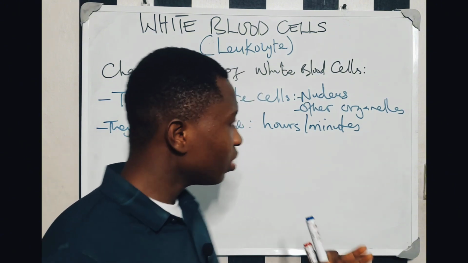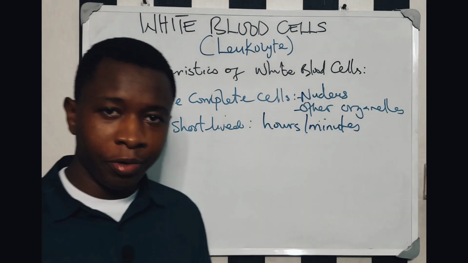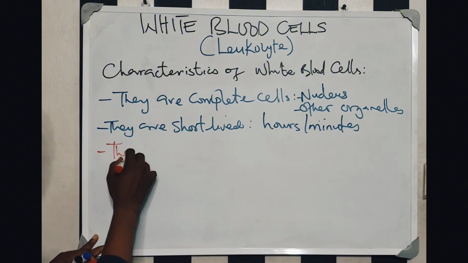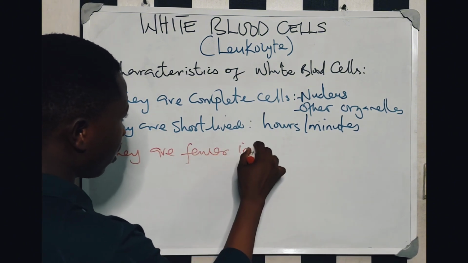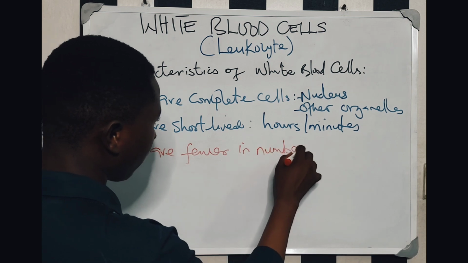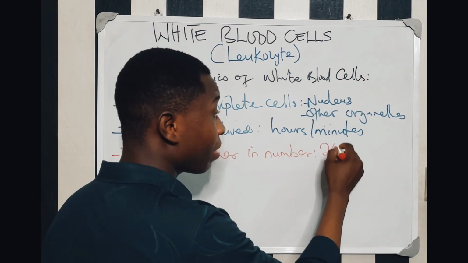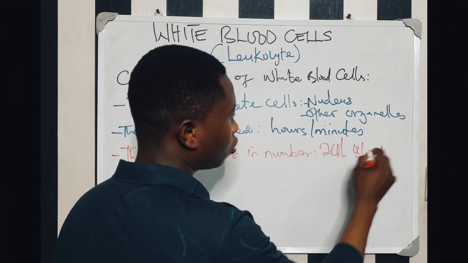Now, another characteristic of the white blood cell is that as compared to the red blood cells, they are fewer in number. So let's assume we have 2 microliters of blood.